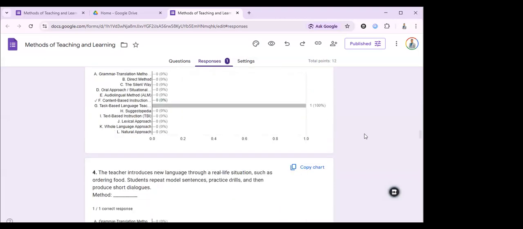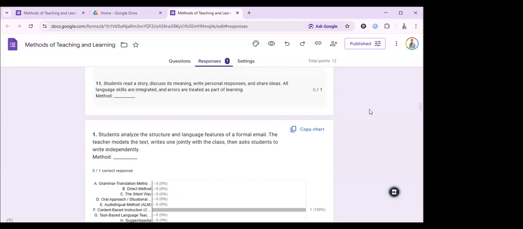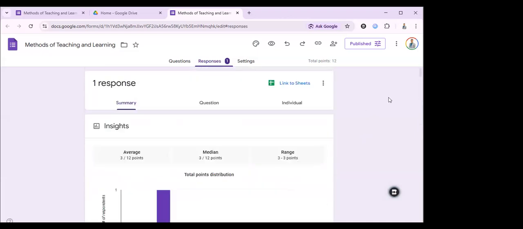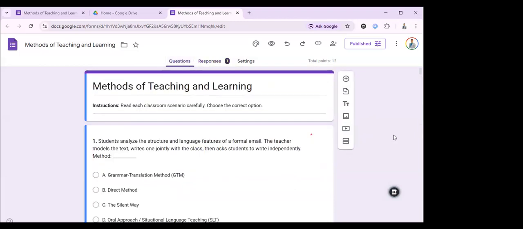Mr. Walid, I have a question. Yes, sure, go ahead. Regarding the first one, I think it's the genre approach. Let me check the question. Students analyze the structure and language features of a formal email. So they just analyze the structure.